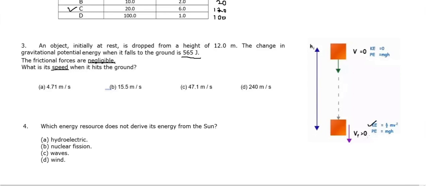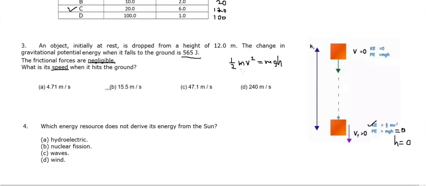If I consider negligible air resistance, then potential energy will be 0, because height h will be 0 at the ground, so the entire energy will be kinetic energy. The entire potential energy is converted into kinetic energy, so I can say the kinetic energy, half mv square, will be equal to mgh. mgh is nothing but potential energy.